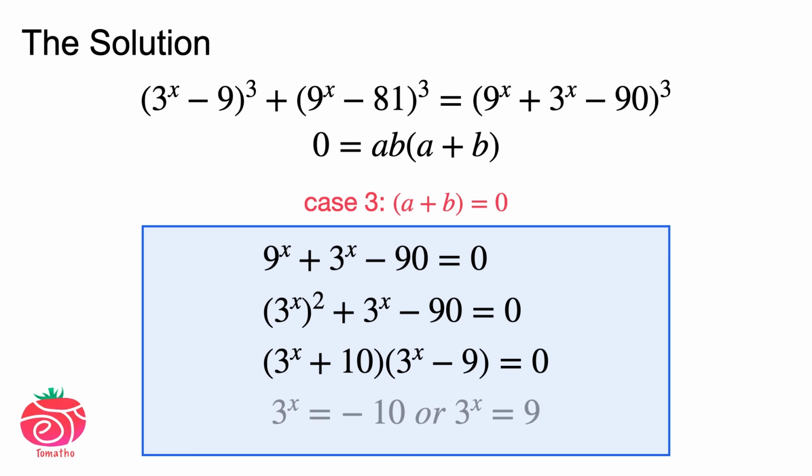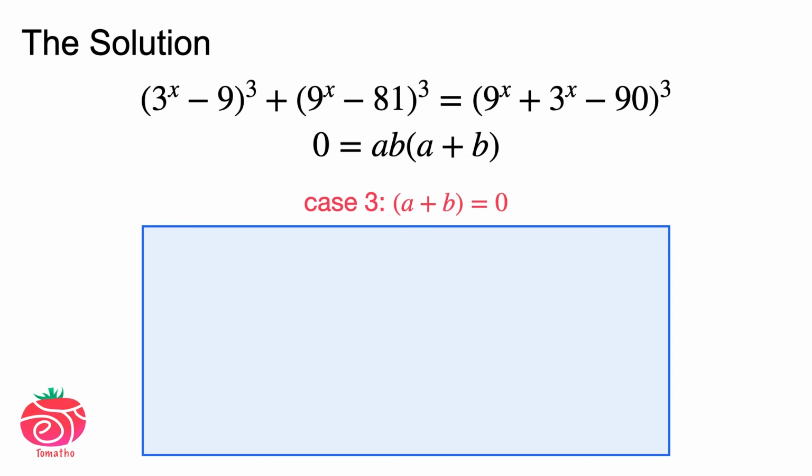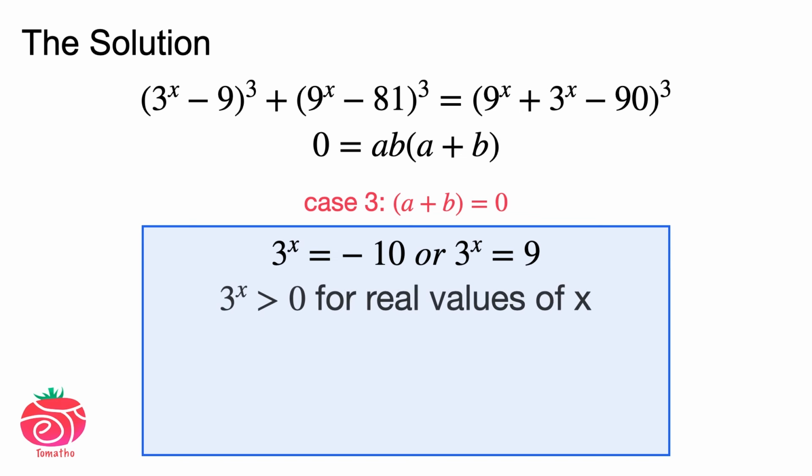This gives us two cases: 3 to the power of x equals minus 10 or 3 to the power of x equals 9. Well, clearly, since x is a real number, 3 to the power of x is always positive. Thus, the only possible case is that 3 to the power of x equals 9.